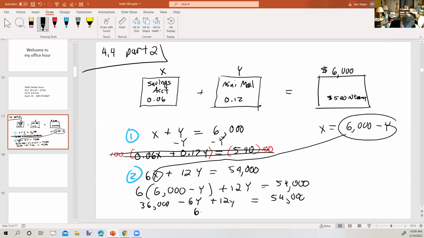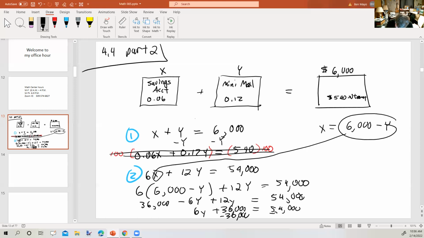Combining like terms, I get 6y plus 36,000 equals 54,000. I'm going to subtract 36,000 from both sides of the equation, and I get 6y equals 18,000. Divide both sides by 6, y equals 3,000.